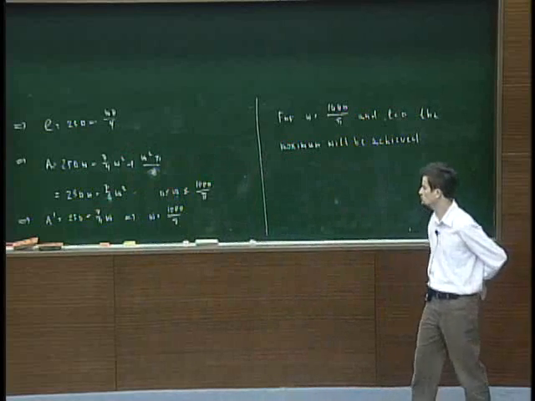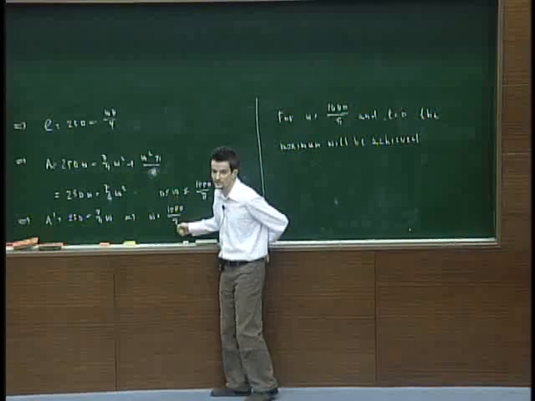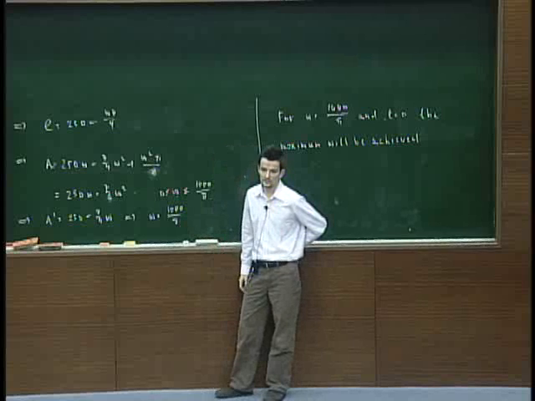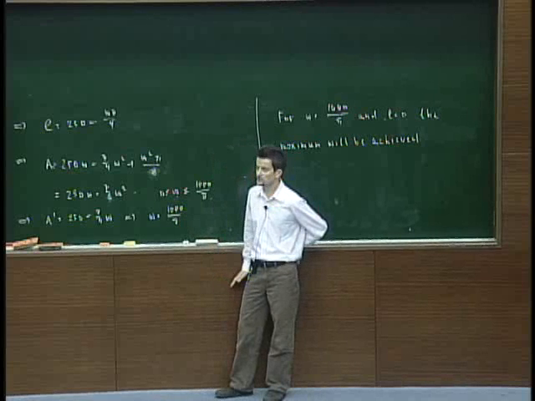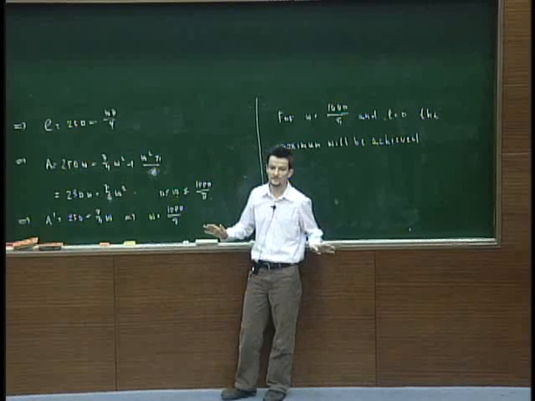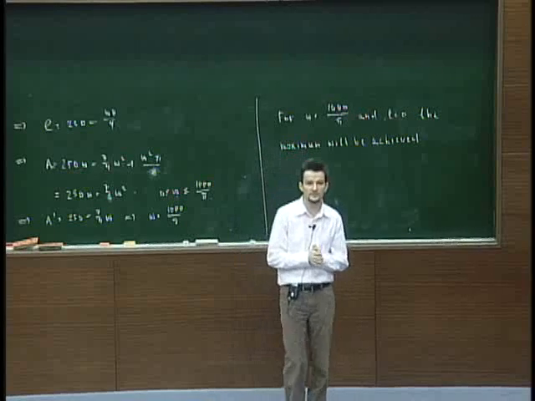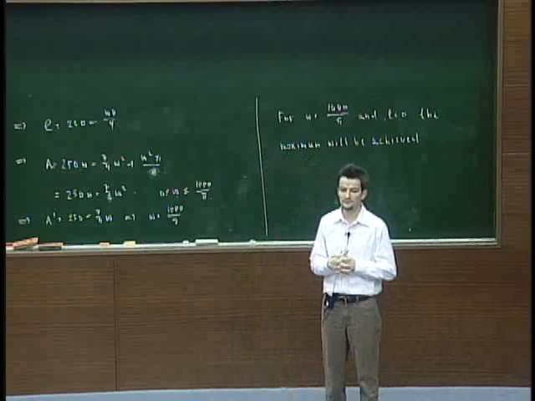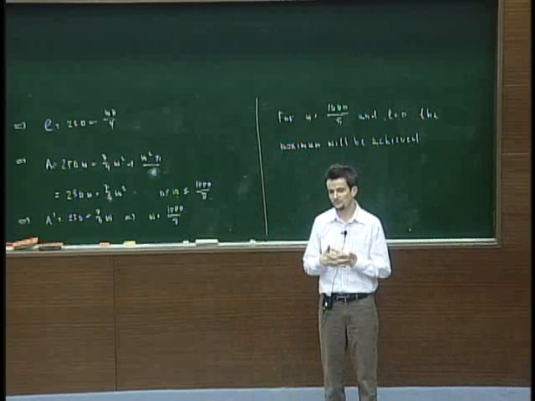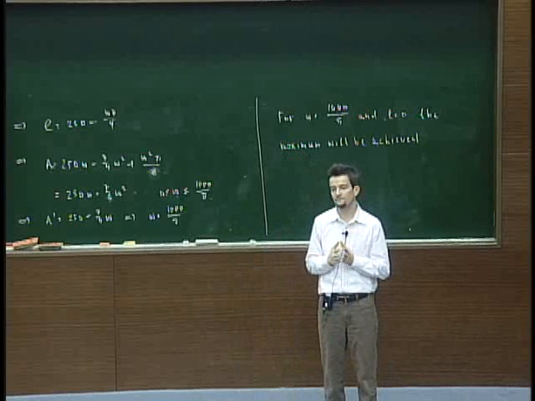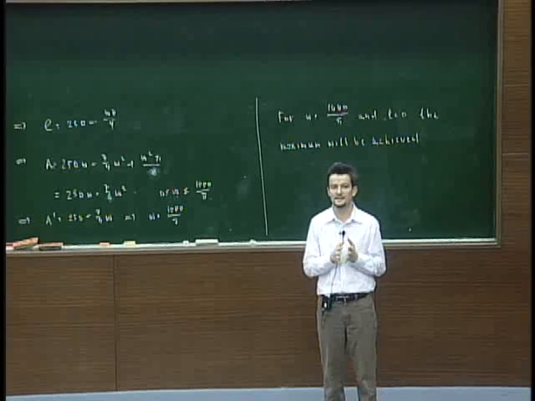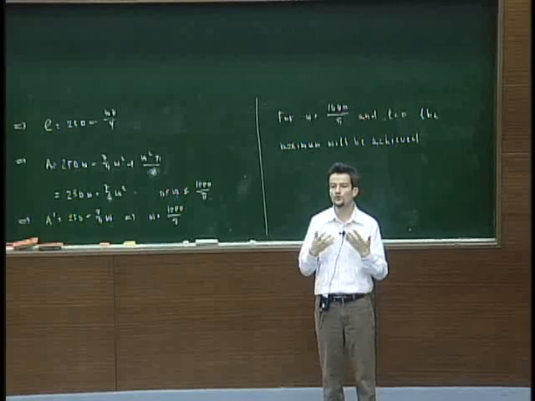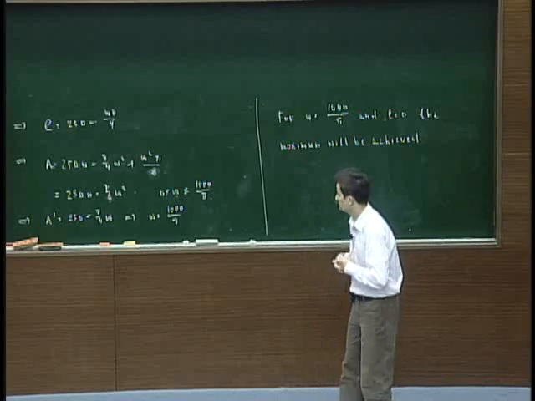You still have to check whether you have really a maximum here, because what we are searching for is the absolute maximum. Sometimes it's clear from the situation, for instance from a geometric fact, that the absolute maximum and absolute minimum exist. Sometimes it's clear that only the absolute maximum exists. But sometimes it's not so clear.